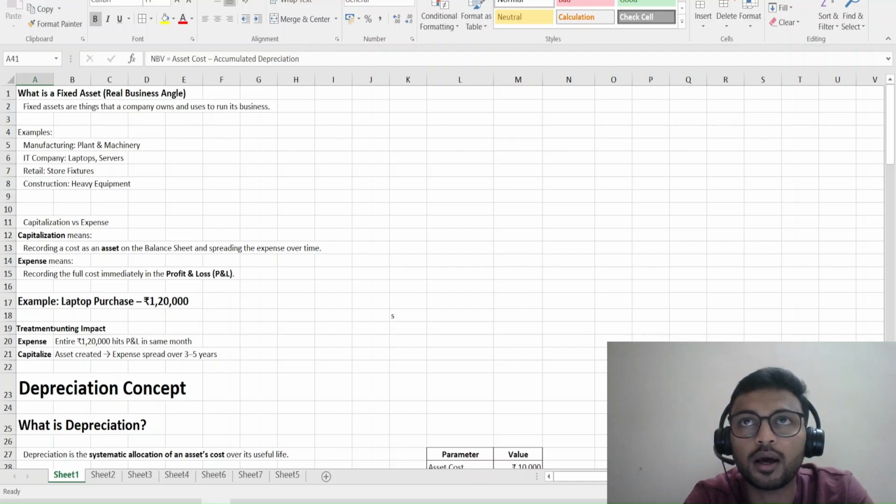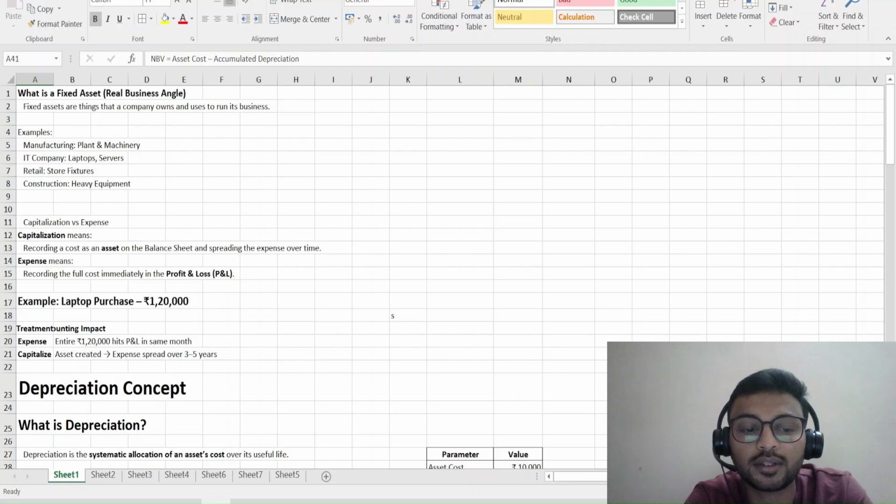When certain criteria are fulfilled as per law, a particular item is considered a fixed asset, and we will capitalize those things in the balance sheet. Over a period of time, we will expense out those assets through depreciation.